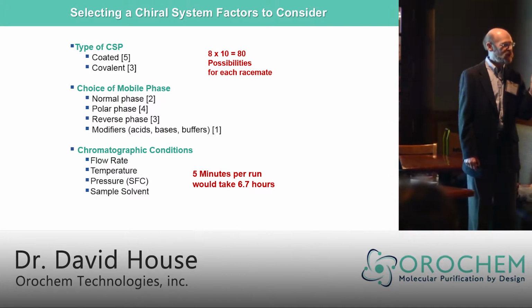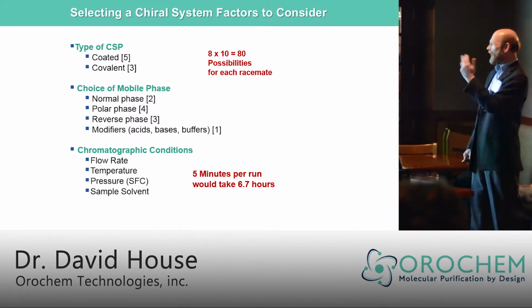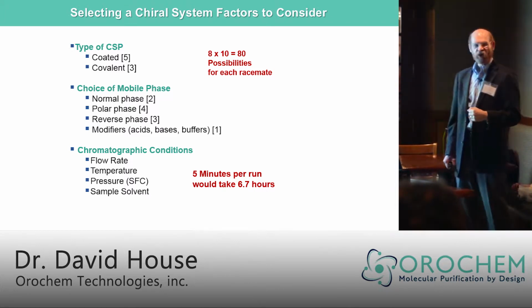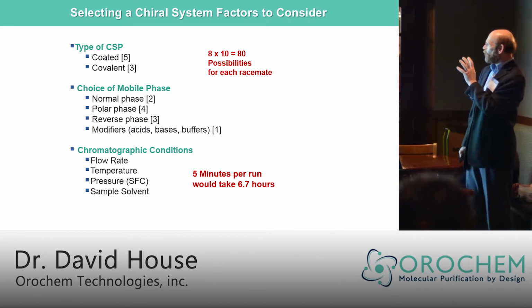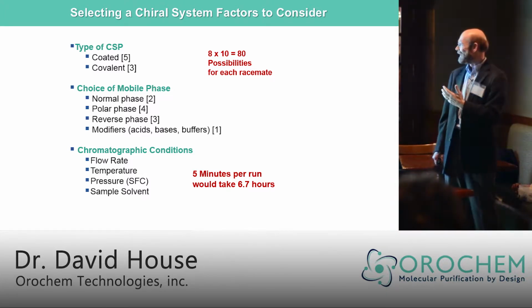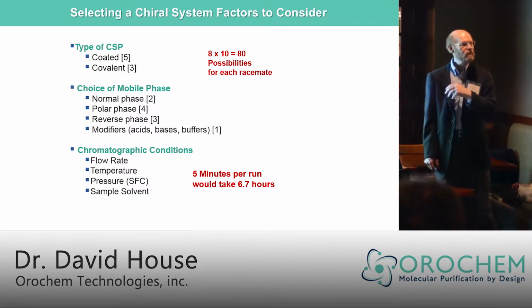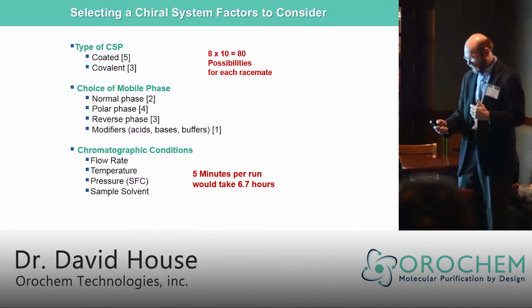Very small changes in that optical isomer can have a drastic effect on how it interacts with the chiral stationary phase. So you're down to the best estimate, also called the educated guess. But the real CSP-racemate interaction is uncertain because, again, the CSP contains many chiral sites. It's very difficult to predict whether it's going to work.